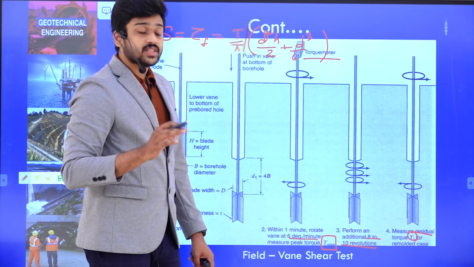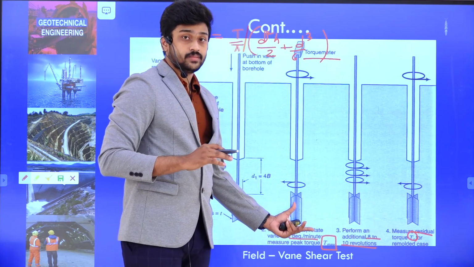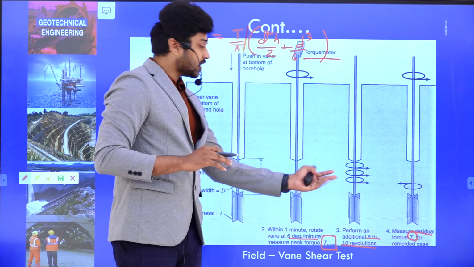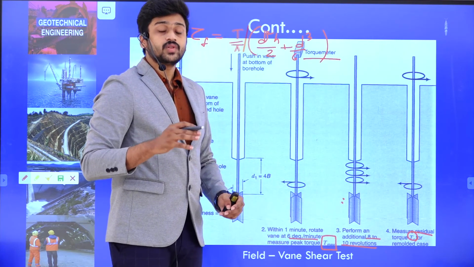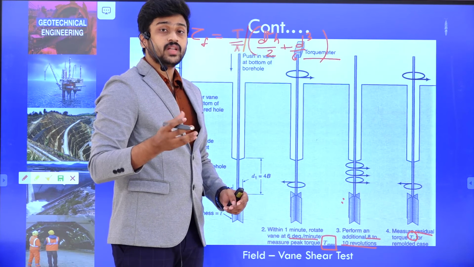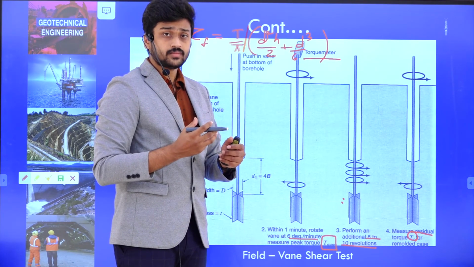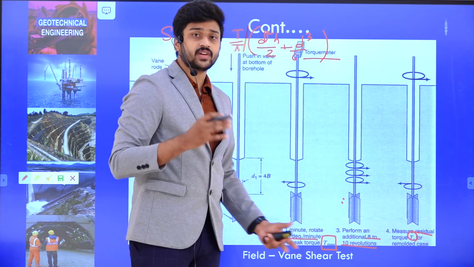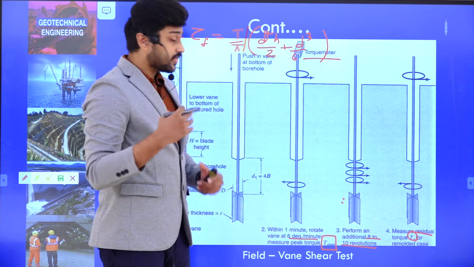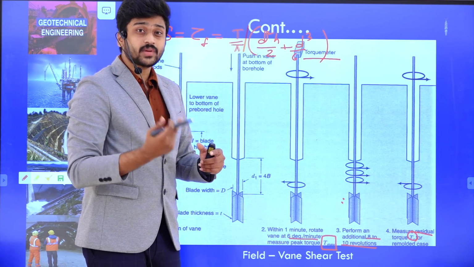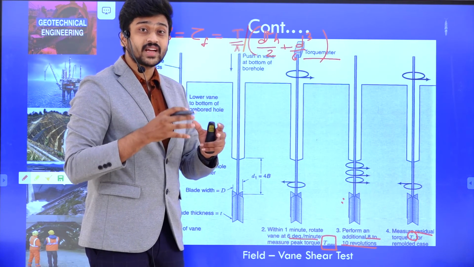The main aim is that initially it is undisturbed. When we are performing up to this stage, it is undisturbed. Now when we rotate further, the soil is getting remolded. Initially we got T max for the undisturbed sample. Now if we keep rotating, it is getting disturbed continuously, which means the soil is getting remolded.